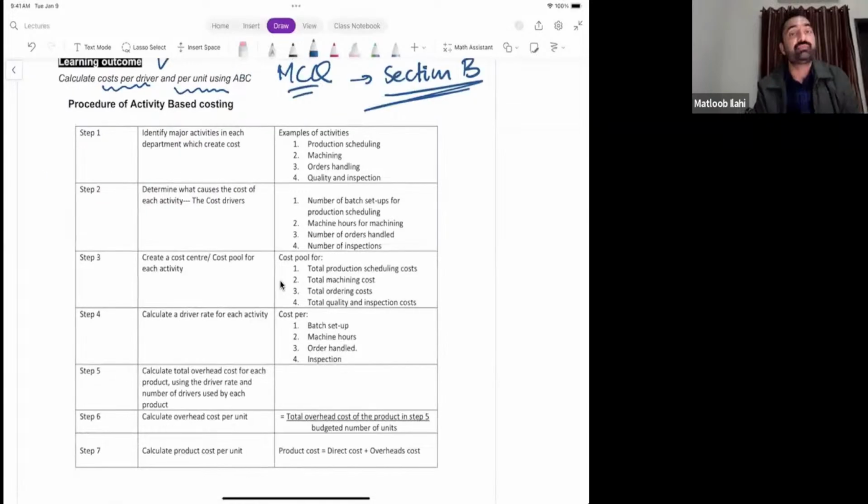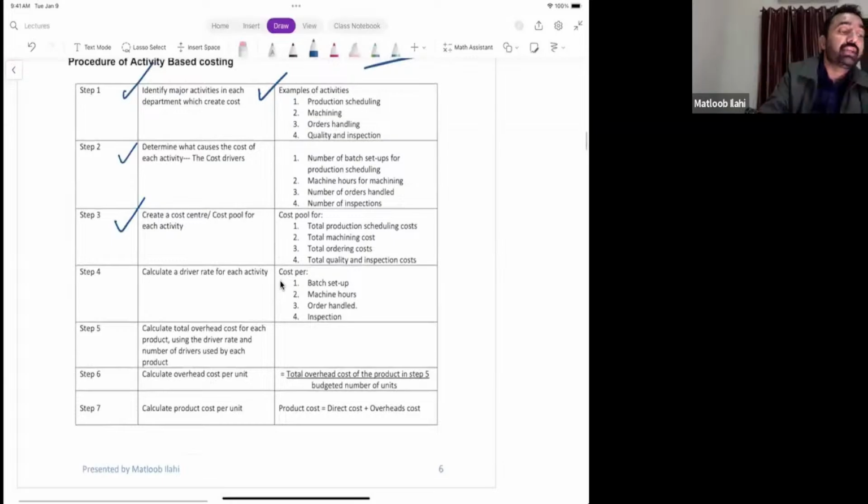Step number 1 and step number 2, you are already clear. Got it? Step number 1 is about identifying activities. Step number 2 is about identifying cost drivers. Step number 3 is now to calculate the total cost of each activity.